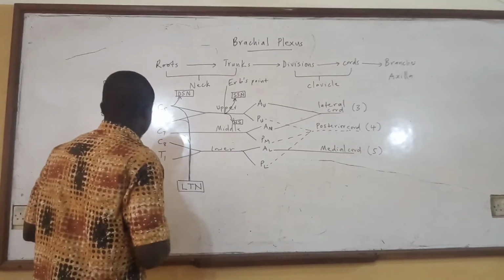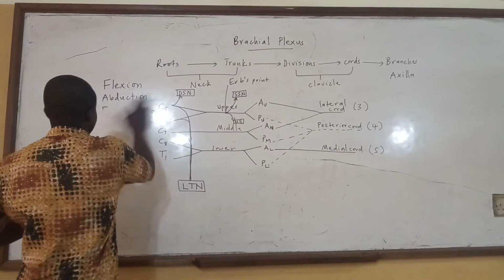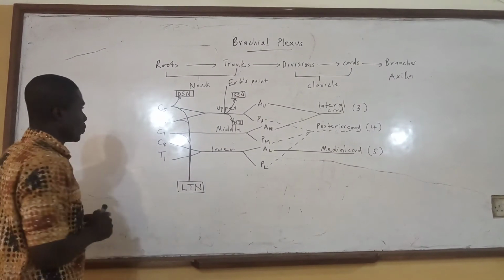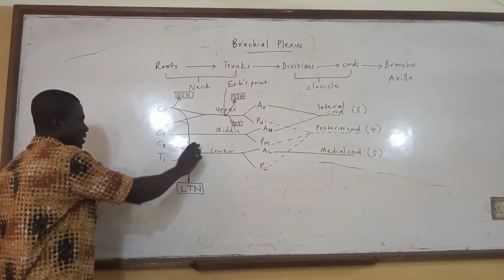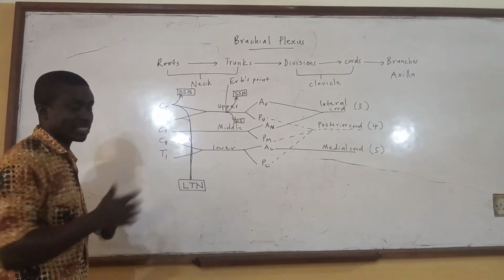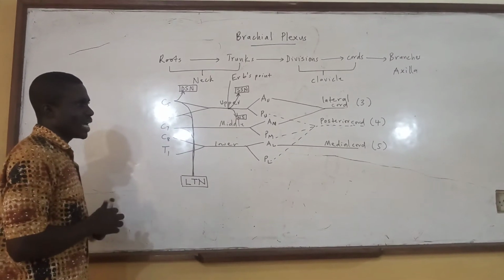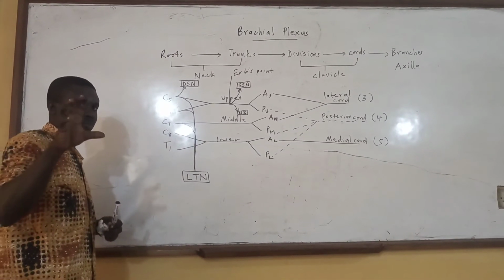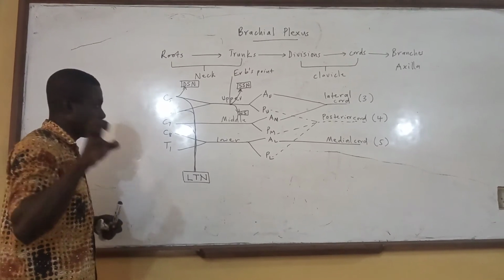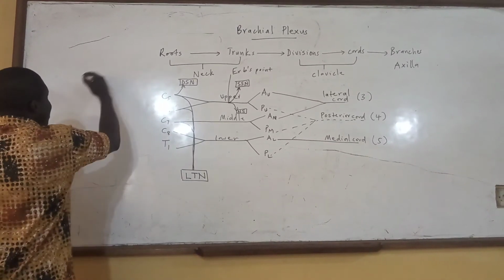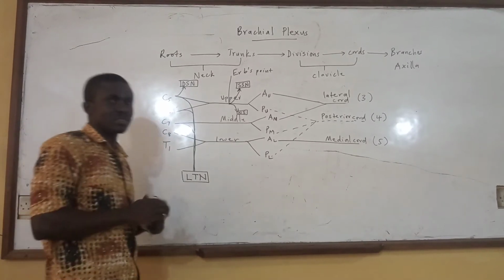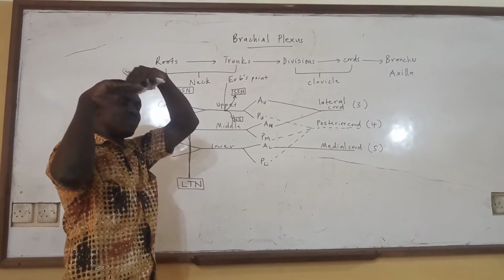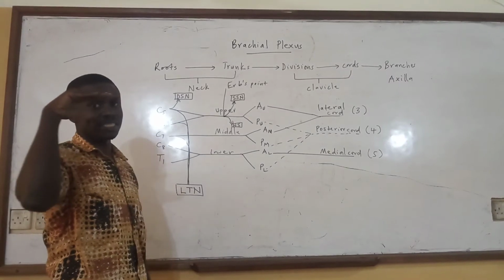Now, for Klumpke's palsy, because the lower trunk is actually supplying the intrinsic muscles of the hand, when that happens, it results in what you call a claw hand. That is going to happen because we know the lumbricals are supposed to help in flexion at the metacarpophalangeal joint and extension at both the proximal and distal interphalangeal joints.